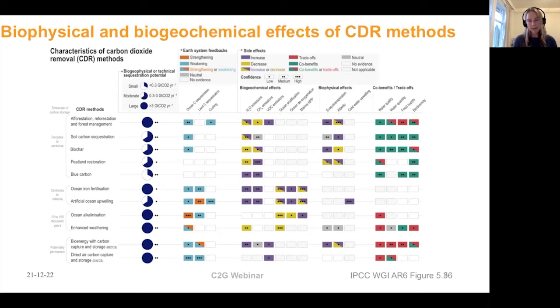And really what this figure here illustrates is that all CDR methods have a range of side effects on biogeochemical and biophysical cycles that could either amplify or weaken the climate benefit of these CDR methods.